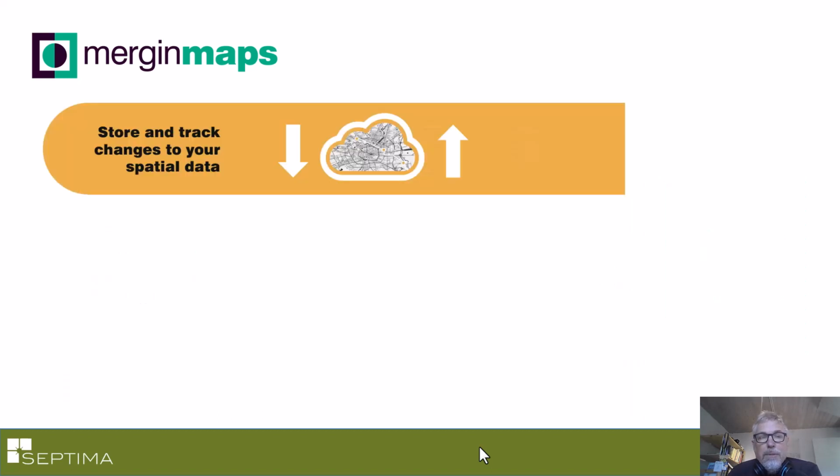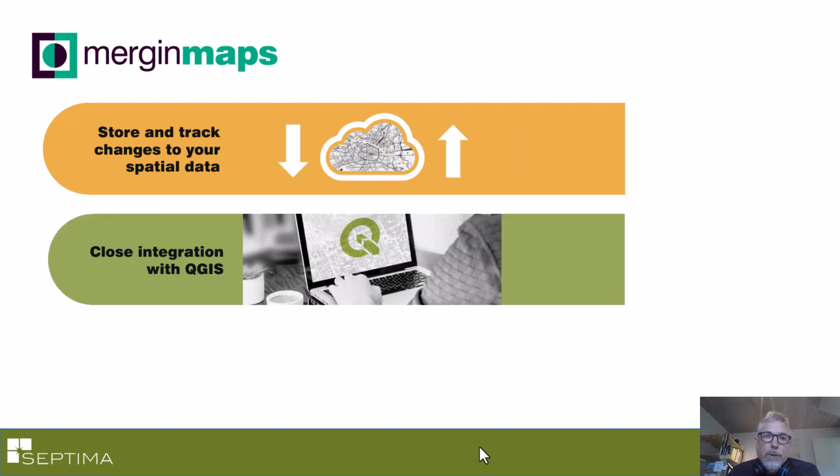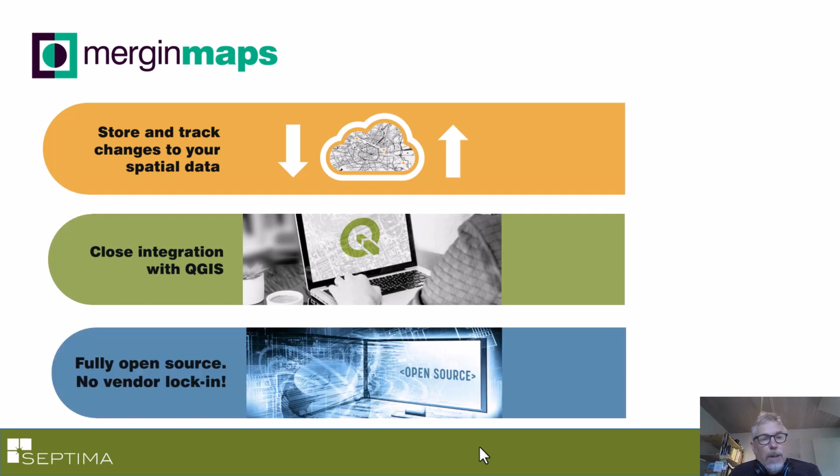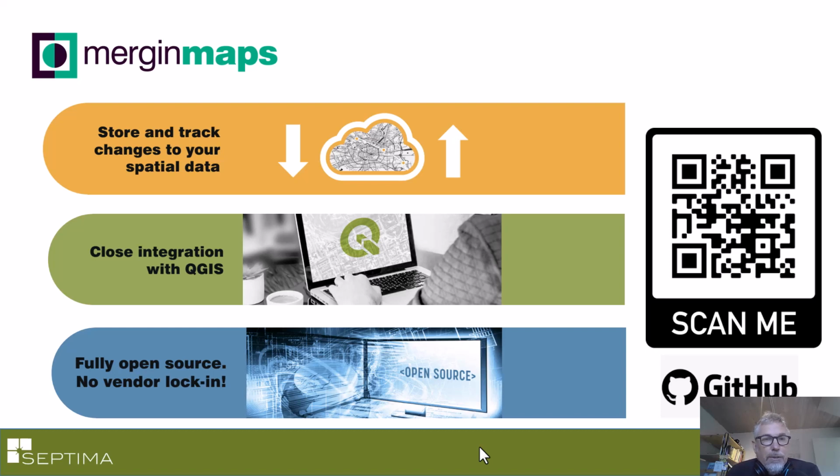So Mergin Maps allows you to store and track changes to your spatial data. So it's an entire platform, and it's closely integrated with QGIS. And it's also fully open source, which is a positive in that you have no vendor lock-in. And there is a GitHub page for the Mergin Maps project, and you can scan this QR code to visit that GitHub page.